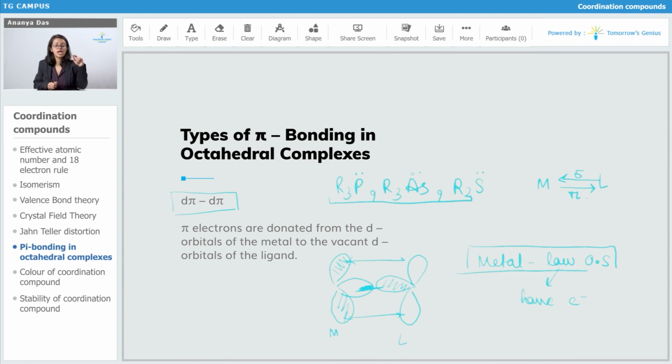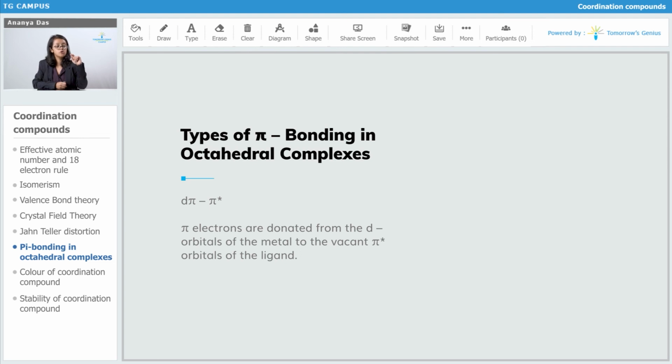Now there is another type of pi bonding, which is d pi to p pi star. In this, the pi electrons are donated from the d orbitals of the metal to the vacant pi star orbitals of the ligand. This type of bonding is shown by CO, CN, NO, bipyridine, orthophenanthroline.